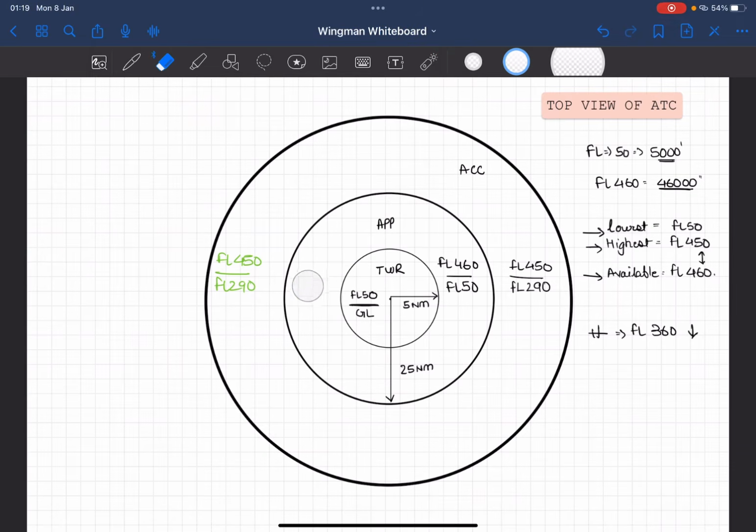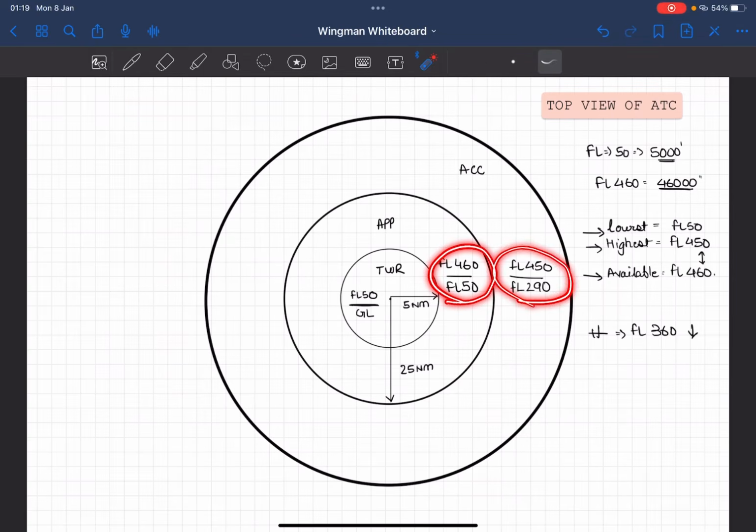But now that we've discussed this, think and tell me, what do you think this means? Let me help you out. When you're given limits like this, it means that the approach, in certain circumstances depending upon the traffic load, can handle the traffic coming from flight level 460 and bring him down to flight level 50.